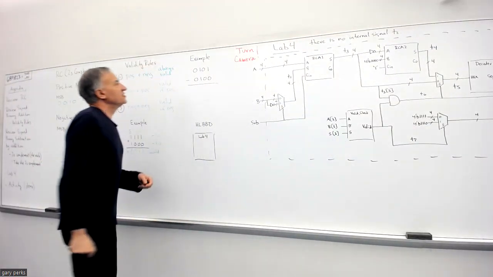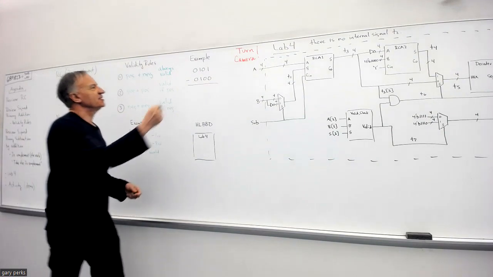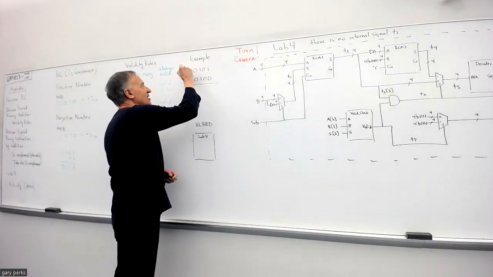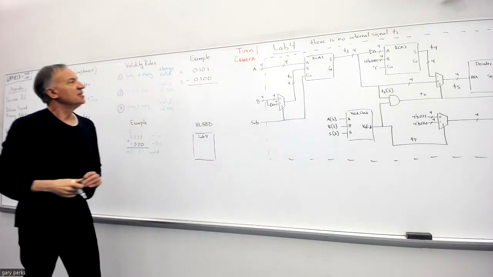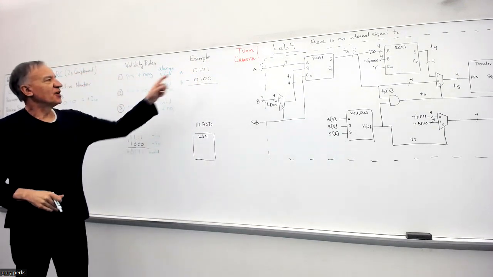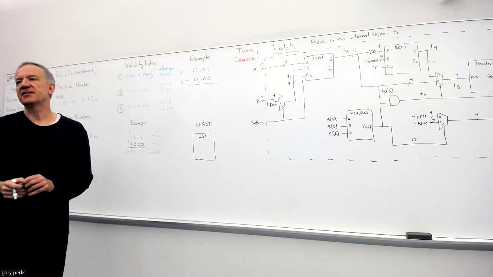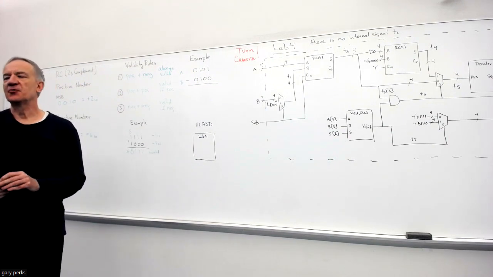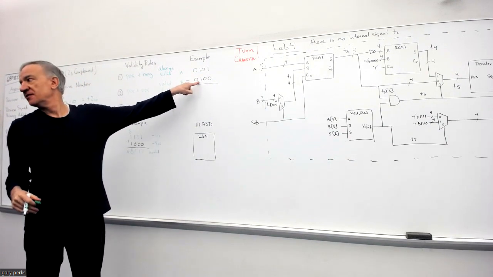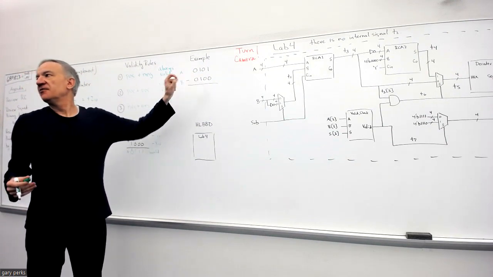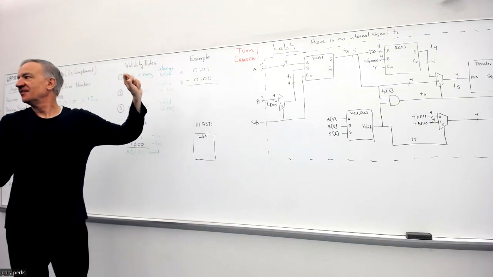All right. So if we have subtraction like this, and this is my A number, this is my B number, what do I have to do before I go to add here? What am I gonna do to this B number? Flip it and add one.